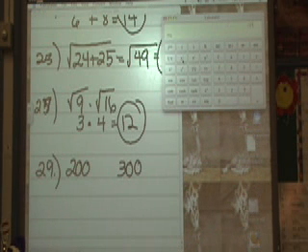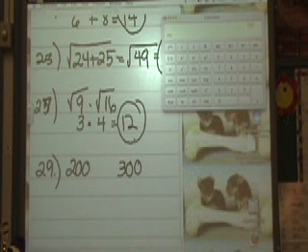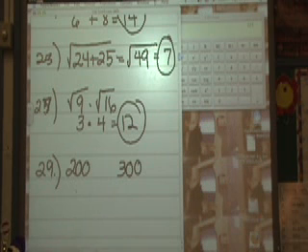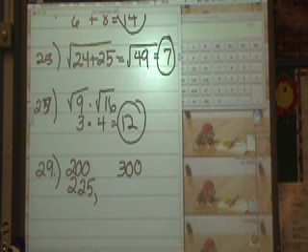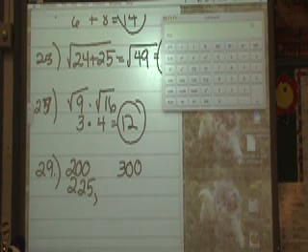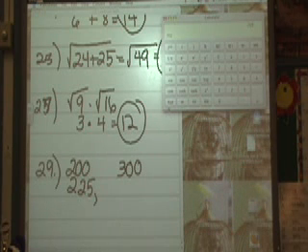Square it. What's 15 times 15? What is it? 225. Well, that's between 200 and 300, isn't it? So that's the first one. Well, if 15 works, then what should be the next number that works when I square it? All right, let's put in 16 and square that. What perfect square is that? 256.